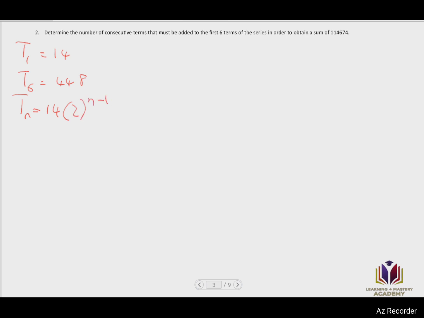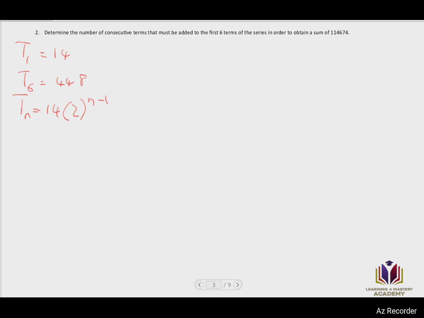Now let's read this question. Determine the number of consecutive terms that must be added to the first 6 terms of the series in order to obtain a sum of 114,674.